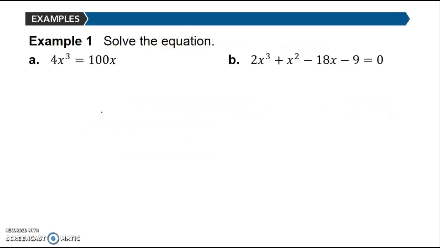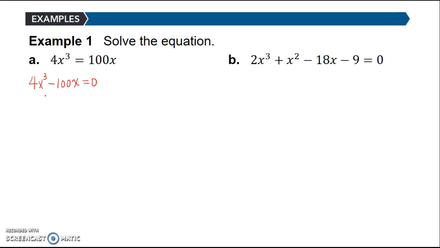Let's look at some illustrations then. First example is 4x cubed equals 100x. We notice that this has a degree 3, so we would expect 3 solutions. We will find those 3 solutions by setting this equation equal to 0 and factoring. We will subtract 100x from each side to get 4x cubed minus 100x equals 0.